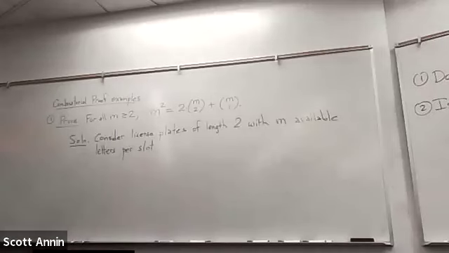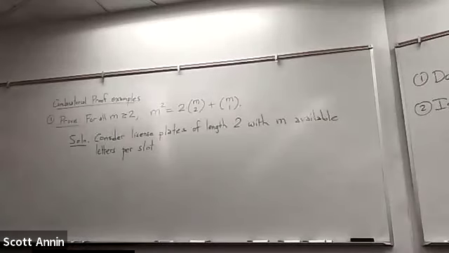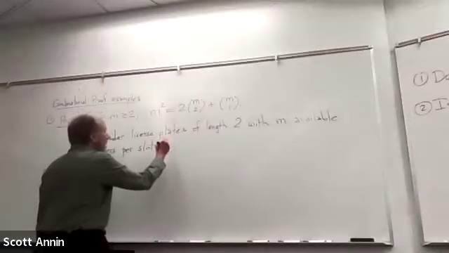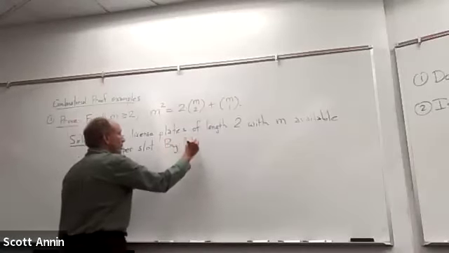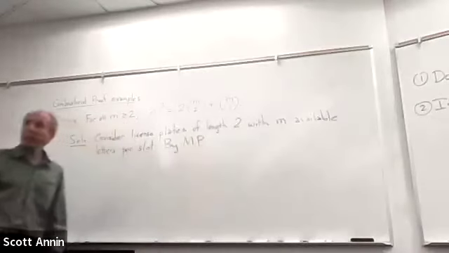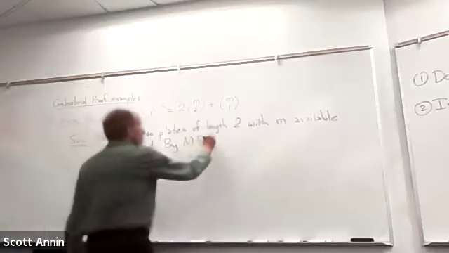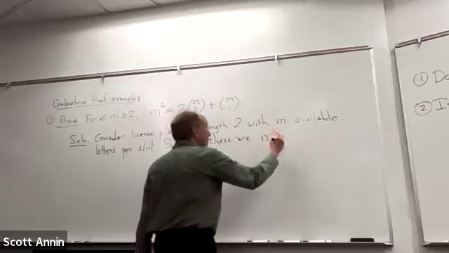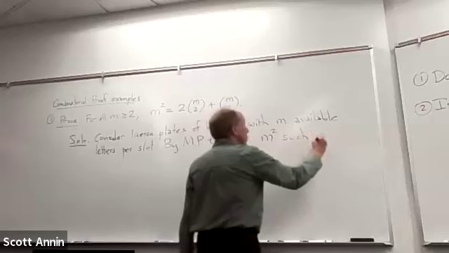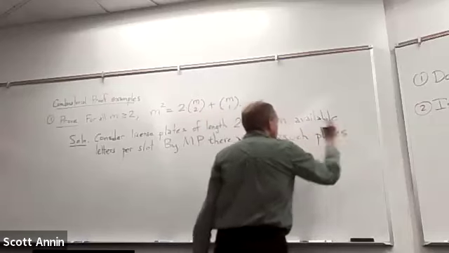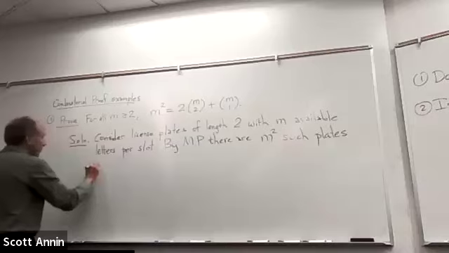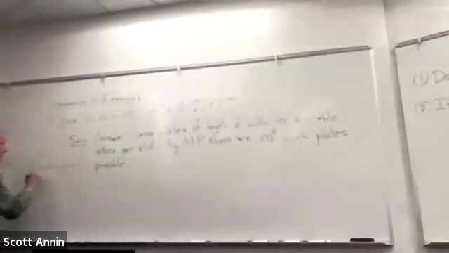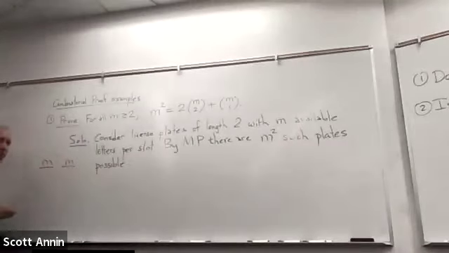So you have 2 slots and you have m letters available. So your alphabet has exactly m things in it. So then by the multiplication principle, there are m squared such plates possible. Right? So you have 2 slots here, m choices, m choices.